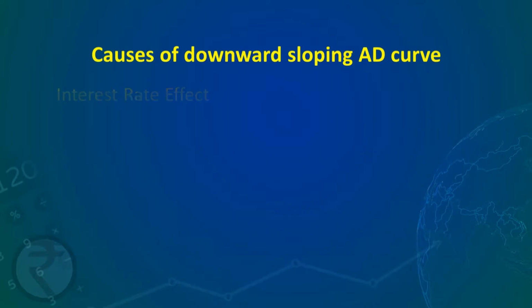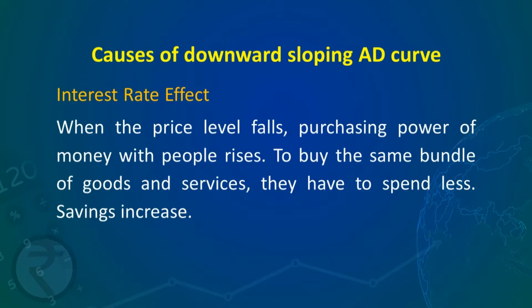Second is the interest rate effect. When the price level falls, purchasing power of money with the people rises. To buy the same bundle of goods and services, they have to spend less. Their savings increase.